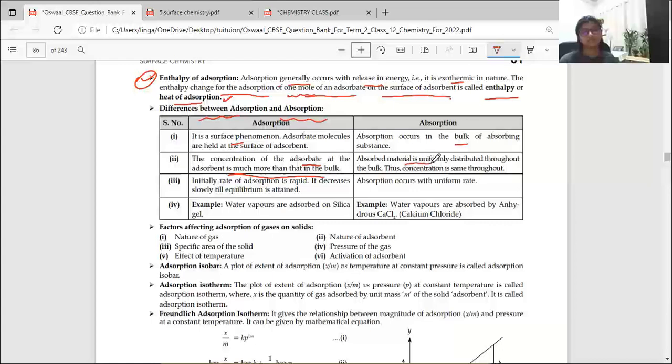In absorption, the material is uniformly distributed throughout the bulk, so the concentration is the same throughout. You understood this point? Example, a sponge. If you dip it in water, the outer layer, middle layer, bottom layer, everywhere the water concentration is the same, uniformly distributed. But in the case of physisorption, if you take some solid substance, it is not going inside. It is only on the surface.